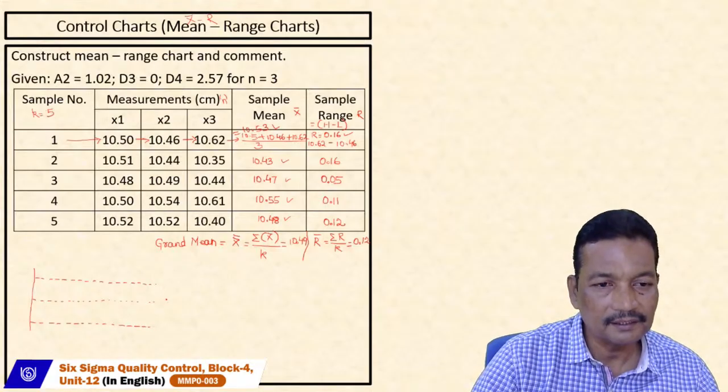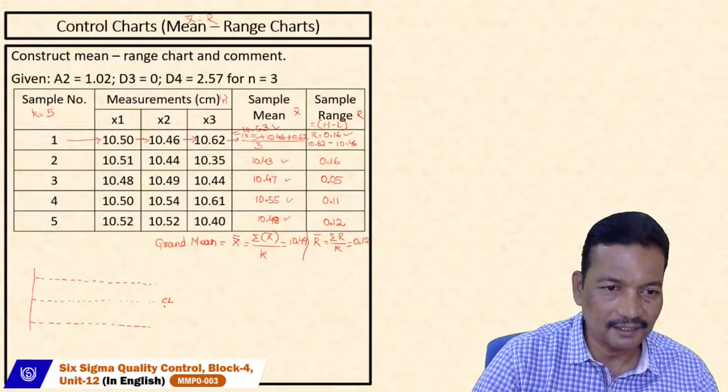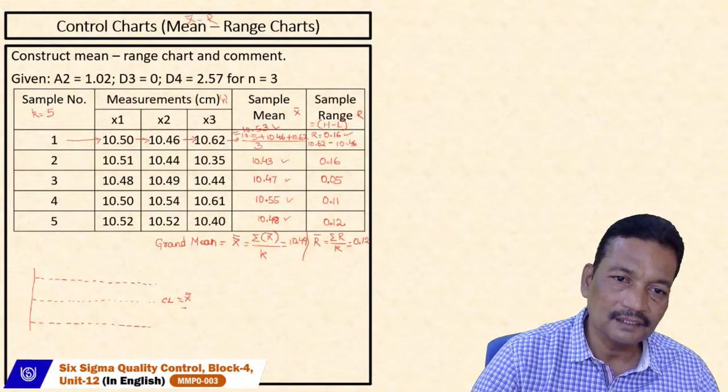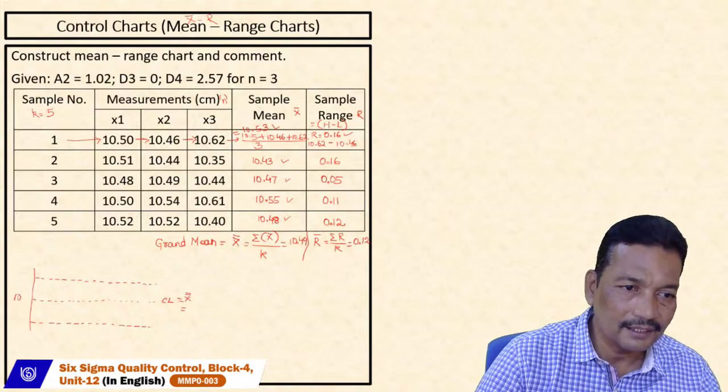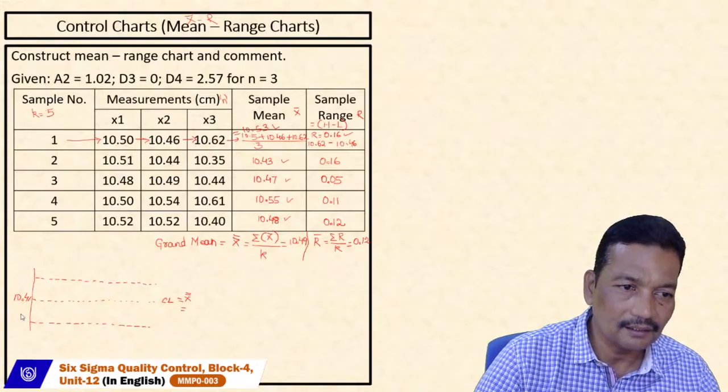So this is my central line. I am representing a central line that is equal to X double bar, that is equal to 10.49.